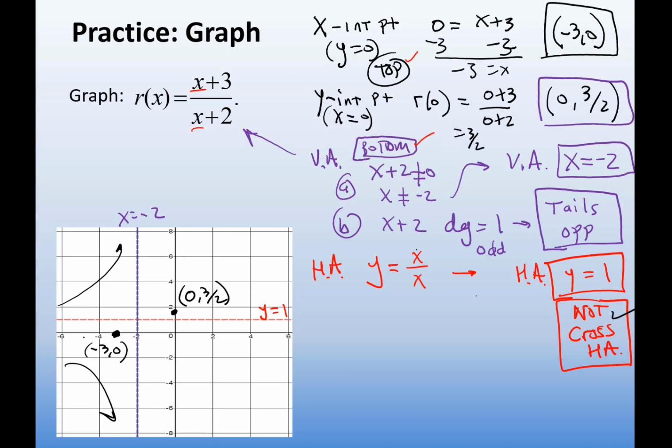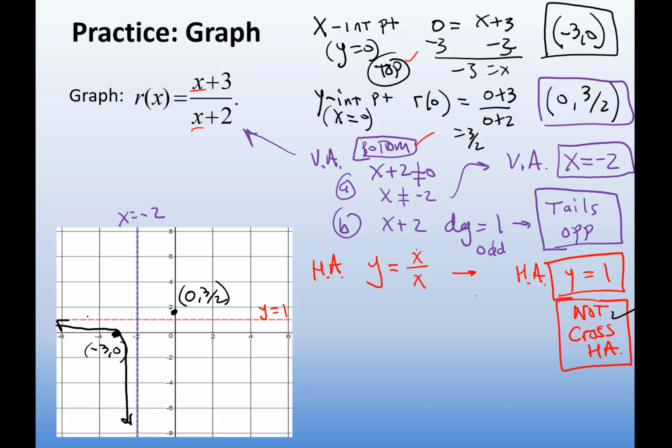Now also, rational functions never cross vertical asymptotes. You can cross a horizontal, but not in this one. So we're not crossing, and we have to hit this point. Well, the only way I'm going to hit that point and not cross is for my branch to be entirely on the bottom.